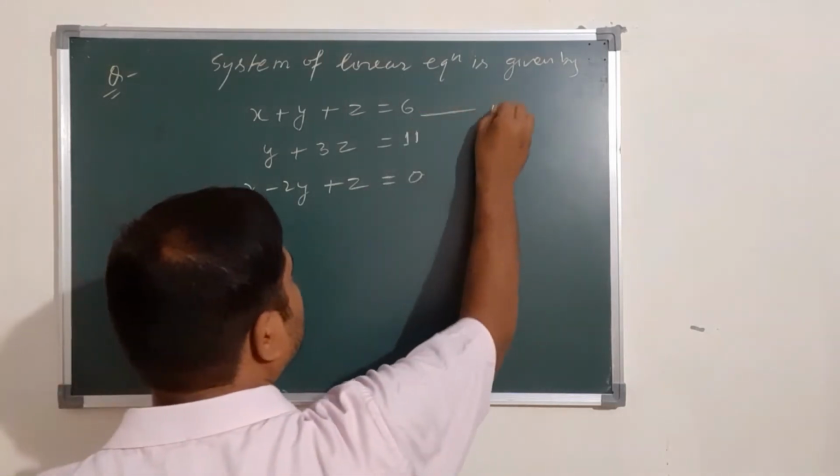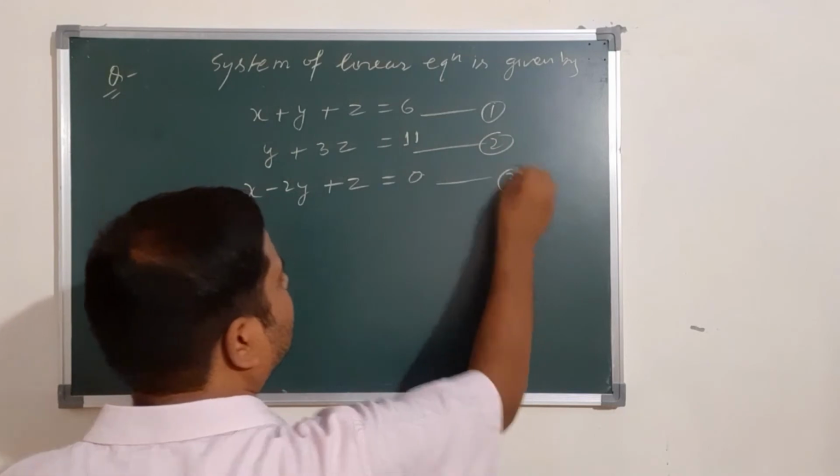So this is the system of linear equation 1, 2 and 3.